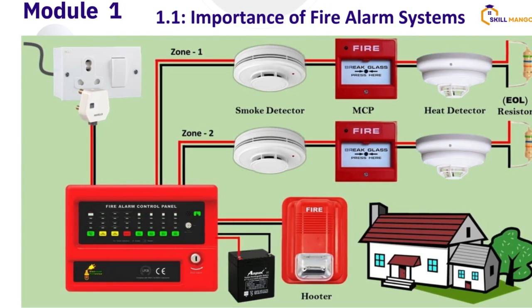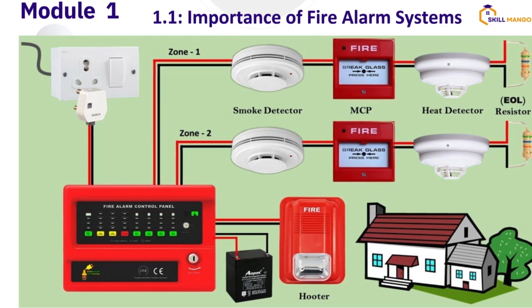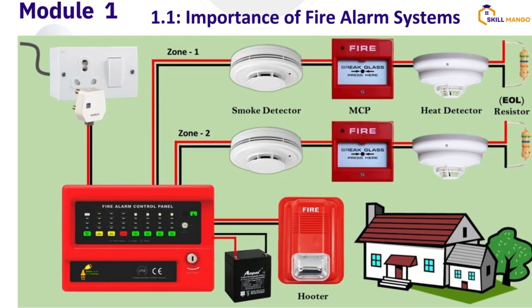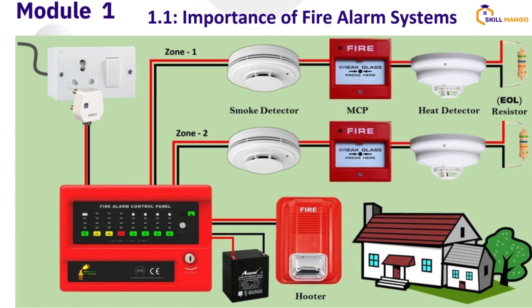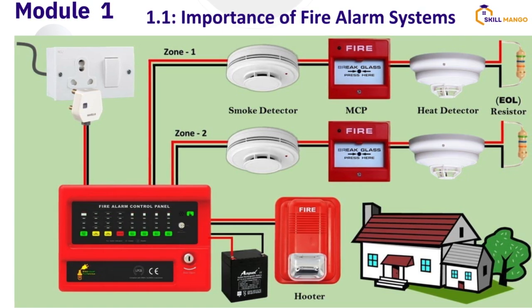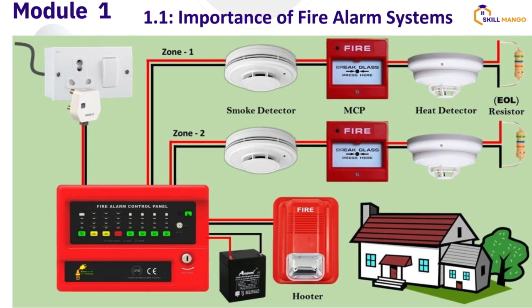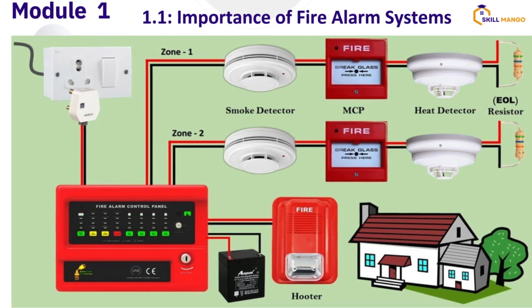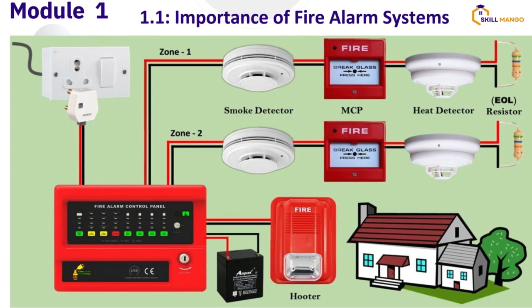The cable you are seeing there is a fire resistant cable. That is the best cable to use for a fire alarm system. Fire resistant cable is very available in the market. In case you can't find the fire alarm resistant cable, you can use a regular, pure, original copper electrical cable, red and black.